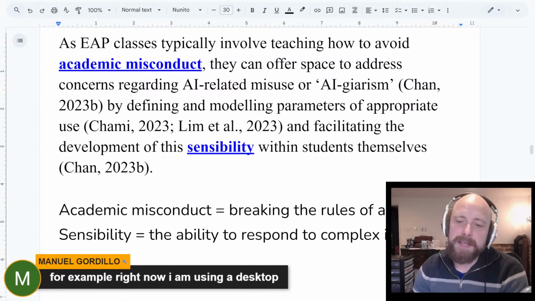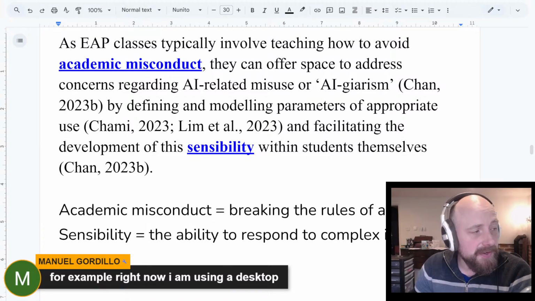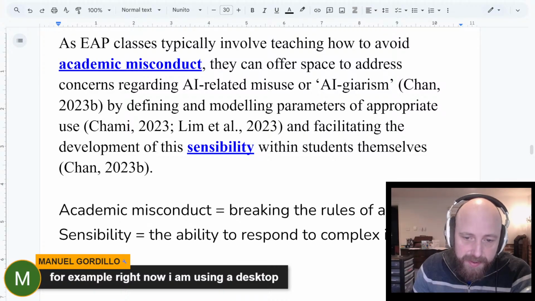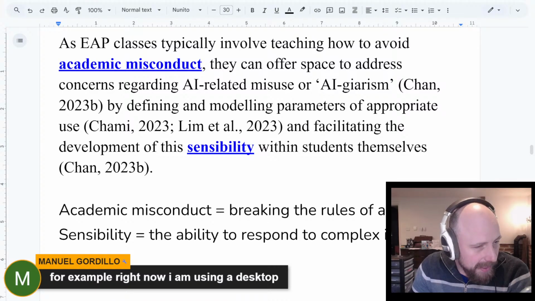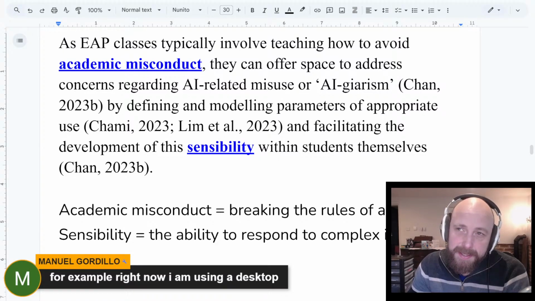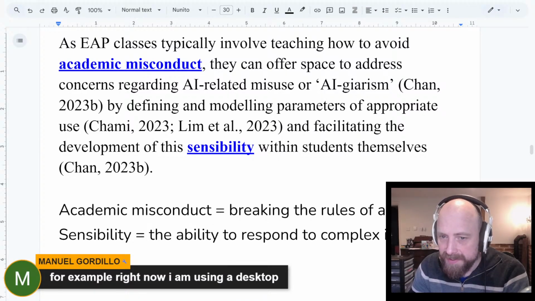So we'll say something like the ability to respond to complex influences. So it's kind of like a sensitivity, but also it's acting sensibly with sense, in the same way that we say common sense.